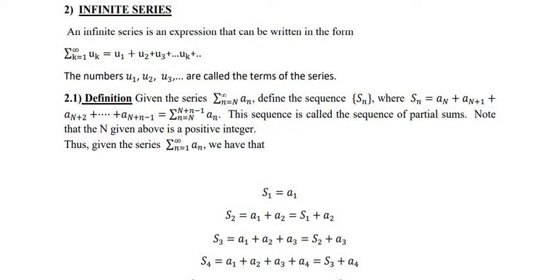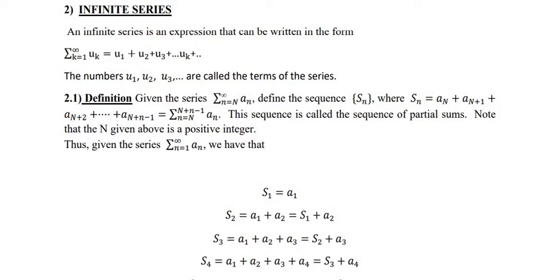Now, given a series sigma n equal to 1 to infinity of an, define the sequence Sn, where Sn is the sum of the first n terms of the series.